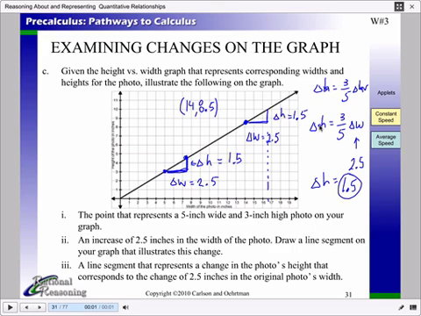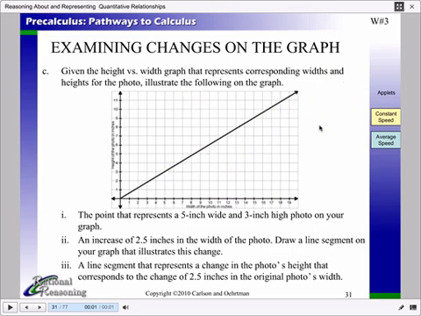Okay, proportionality, but what keeps it the same change in height for a given change in width? Yes. It's a linear graph. Yeah, it's a line. If that thing curves, then we're going to start getting different changes in height for the same change in width. But if it stays straight, then every time we take a 2.5 change in width, we're going to get the same 1.5 change in height.